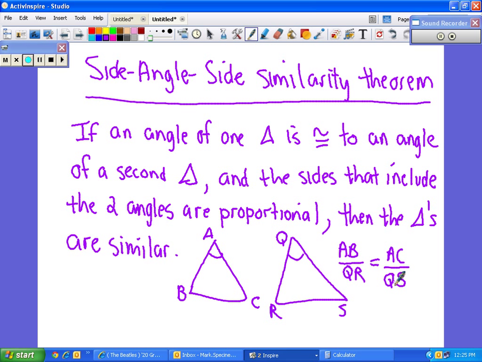So on the first triangle, we have AB and AC. On the second triangle, we have QR and QS.